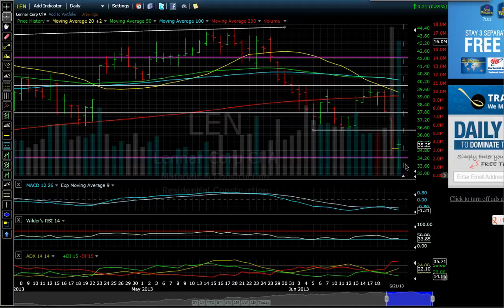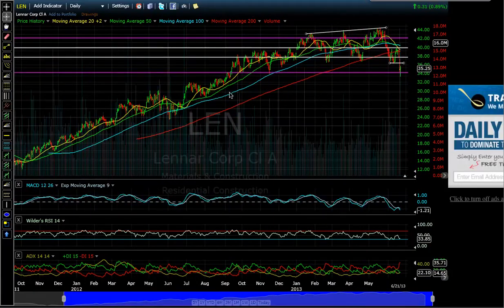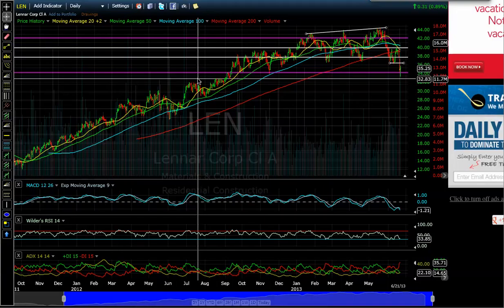It dipped below the purple line, and of course I don't have any other lines below this level. I actually couldn't find any lines that made sense in that level. The only one that makes sense to me would be this level right here, only because I have this area here and then I have this low here. It's the only thing that makes sense.